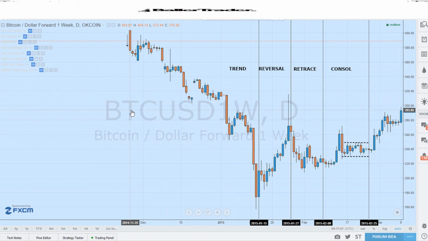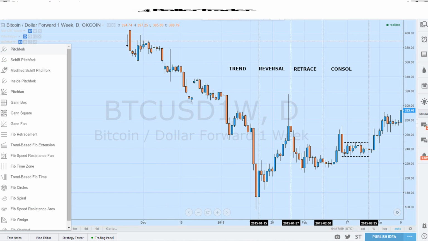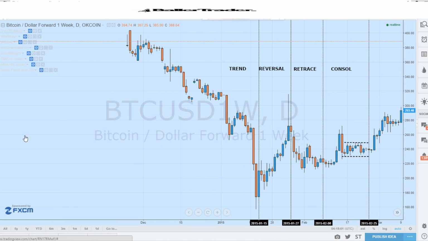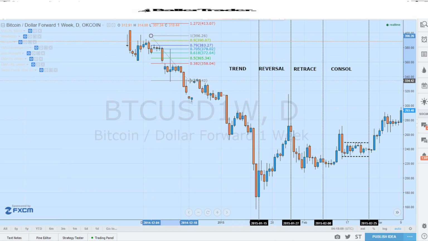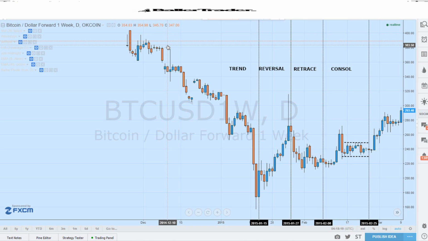When you see a trending market, you just want to throw up some fibs or just find a support level that you like and buy retracements, 62 to 79%. There's a perfect tag at the sweet spot. But really, fibs aren't too important. They're just a good tool to help you visualize the retracement.